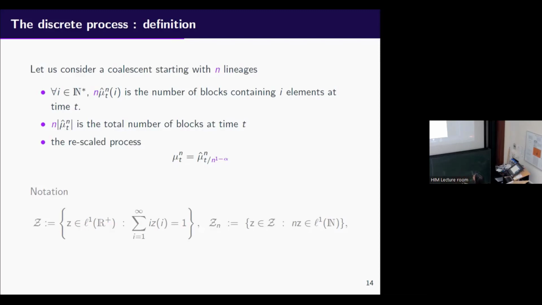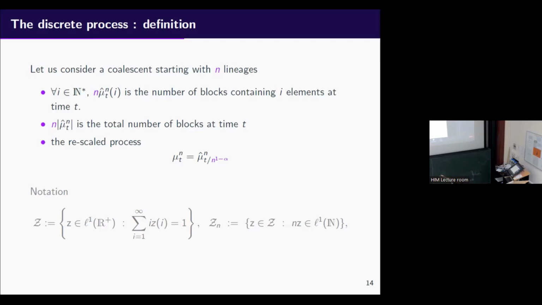So we are going to consider this process mu t, where mu t of i is the number of blocks that contain i elements in my coalescent. So the sum of the mu t of i's would be the total number of blocks, the total number of lineages. But we consider this vector that basically tells me how many blocks of each size I have in the coalescent. And we are going to rescale this process.